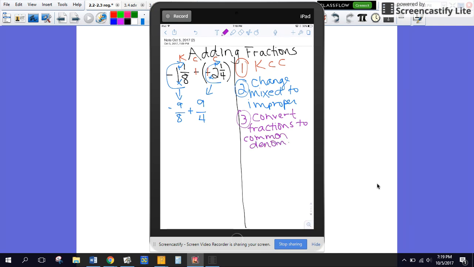I'm even going to abbreviate denominator. Okay, so I notice here that my least common multiple would be 8. So I'm going to leave negative 9/8 the same. But I'm going to have to multiply 9/4 by 2 over 2 so that I now have a positive 18/8.